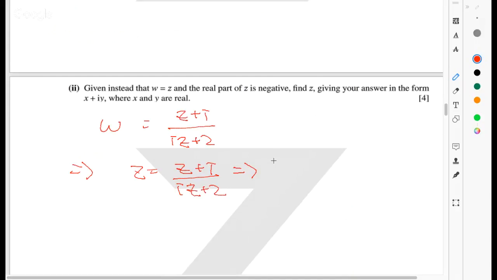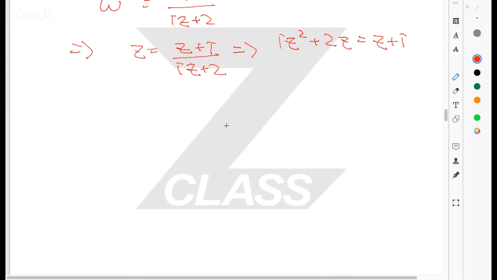And we then get iz squared plus 2z is equal to z plus i. And rearranging a little bit, we get iz squared plus z minus i is equal to 0. And we just treat that as any ordinary quadratic equation.